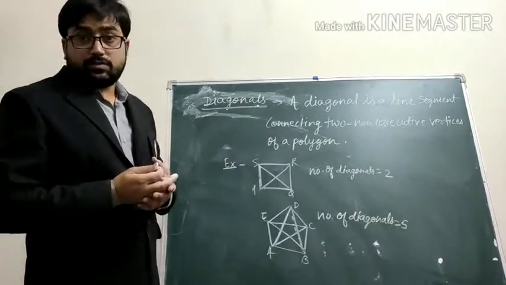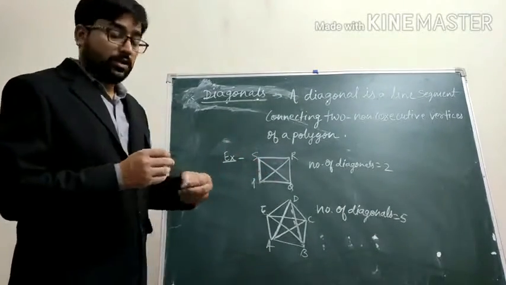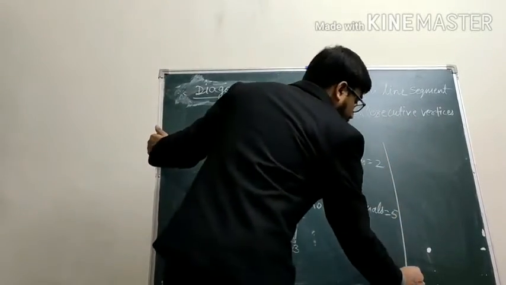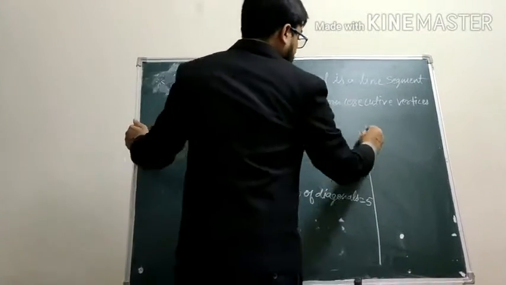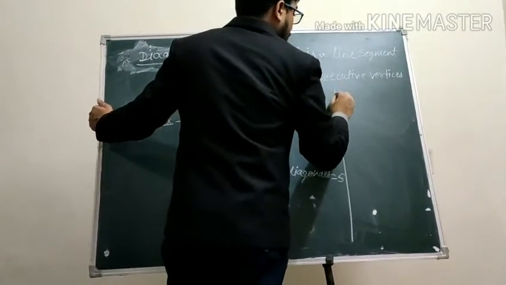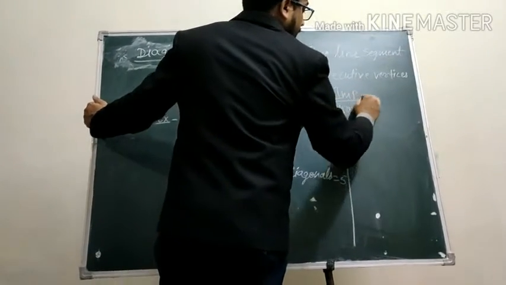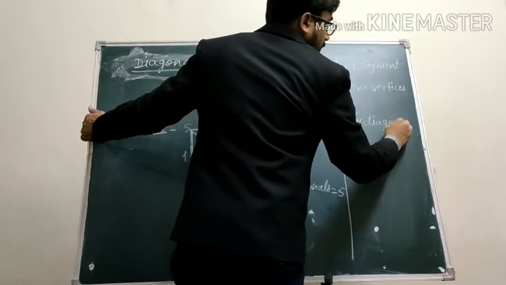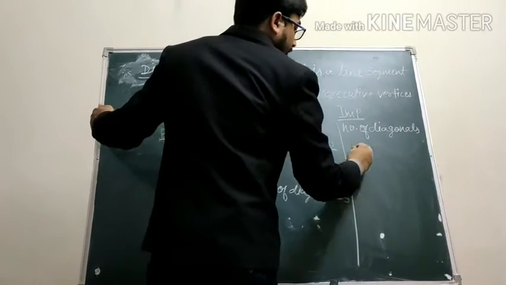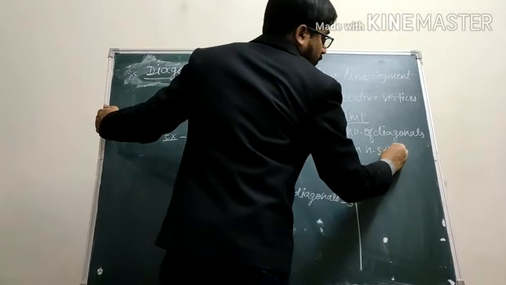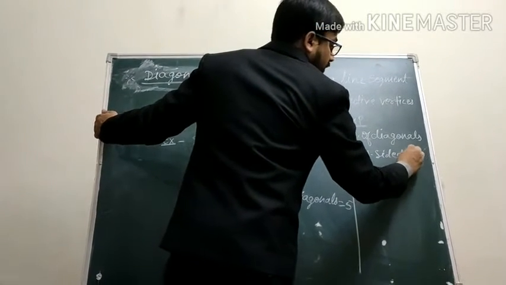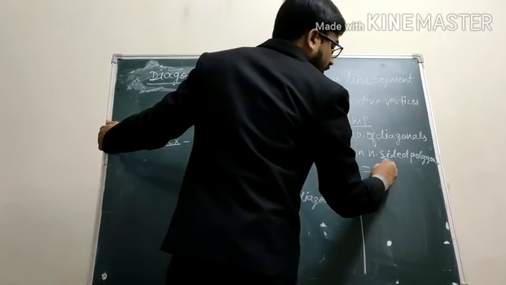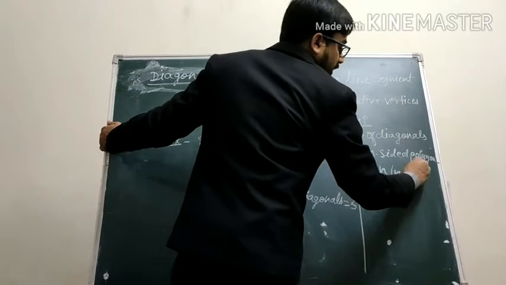You can't draw. ड्रॉ करके उसको काउंट करना थोड़ा डिफिकल्ट होगा. So for finding number of diagonals, one formula is there. Important formula: number of diagonals in n-sided polygon is equal to n into n minus 3 upon 2.